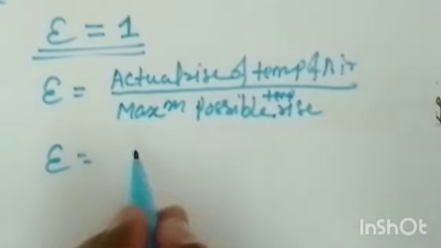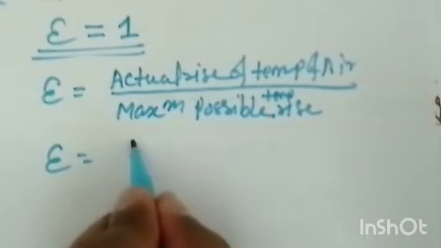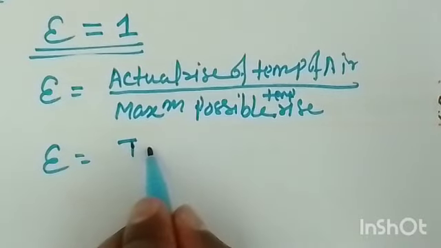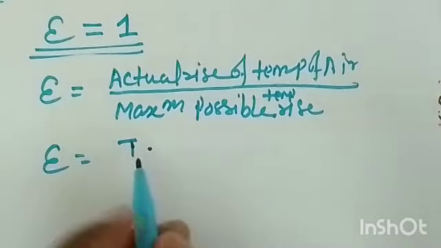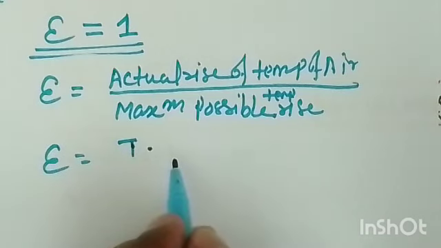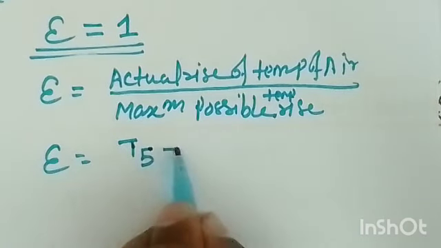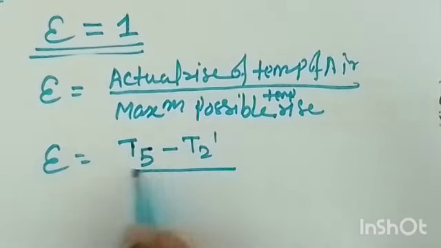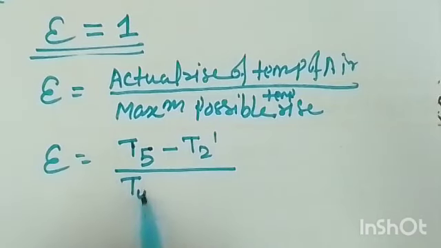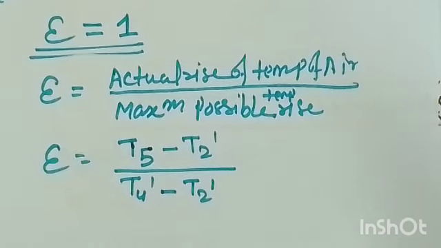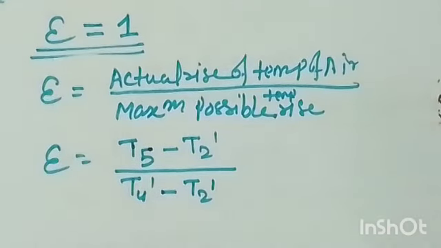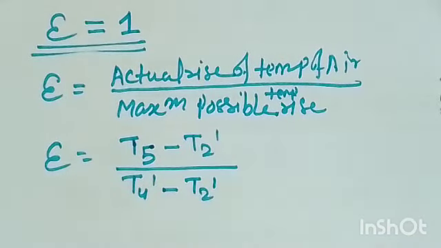So this is T3, T5 to T2 dash by T4 dash to T2 dash. Is it or not? When it is the perfect intercooling, right? So now you can substitute and get the T5 value.